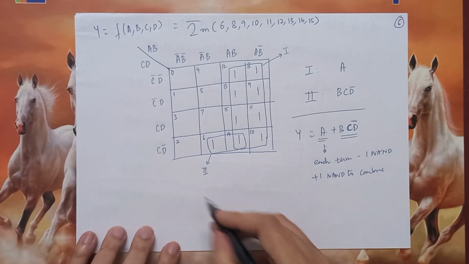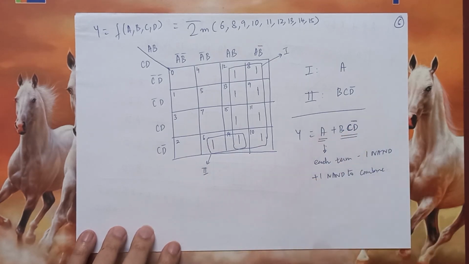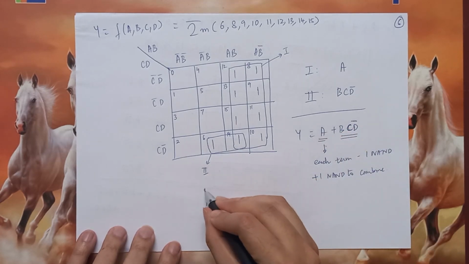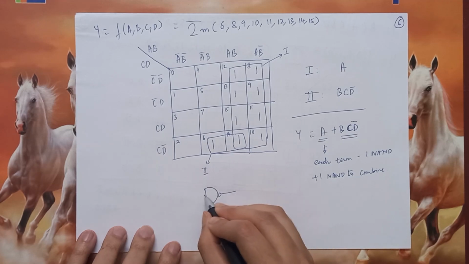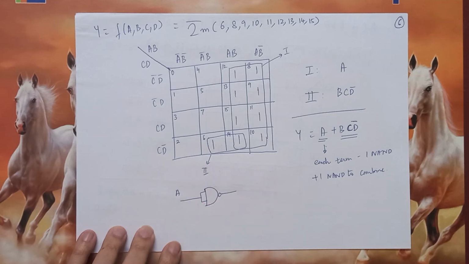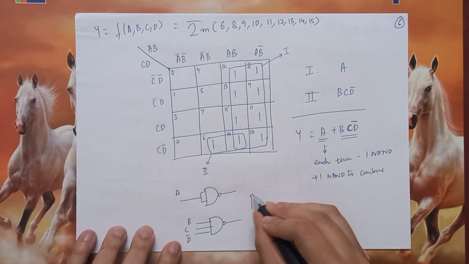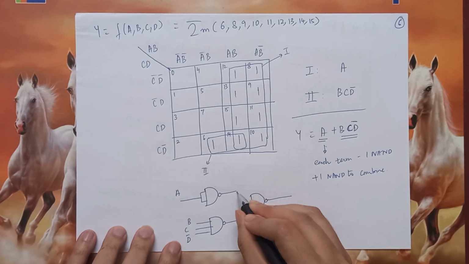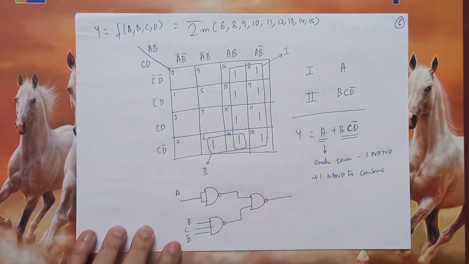Now you may question, why one NAND gate for A? Here we will be using the NAND gate as a NOT gate. This is A. Then we have one more gate which is B, C and D bar. And then we will be combining them over here with one last NAND gate.